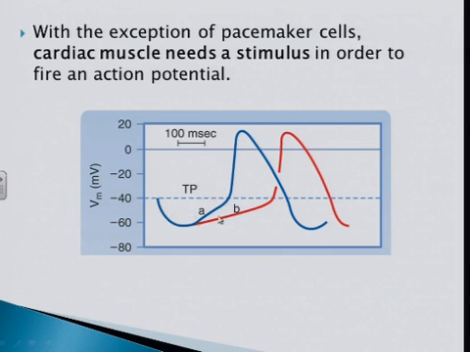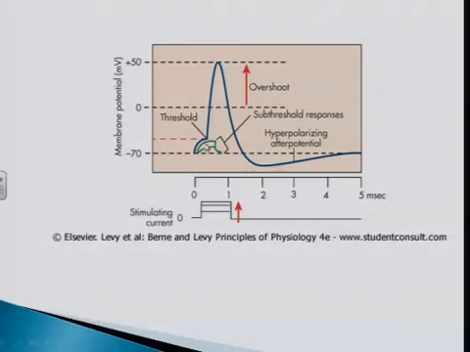The difference is, and I've emphasized this a lot, so you'd better know this concept, that the pacemaker cells do not have a stable resting membrane potential, and so they don't need a stimulus. Everything else does. And that stimulus has to reach an all or none threshold. Again, we have this all or none threshold. Here we get a little bit of current injection, we bring things up, we turn it off, we just go back to rest. A little bit more, turn things off, goes back to rest.